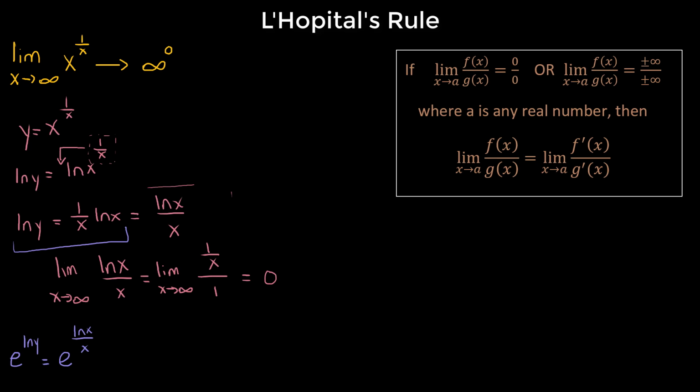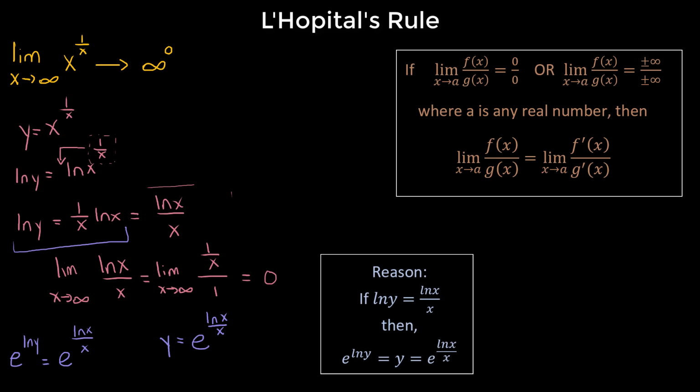On the left side, e to the power of the log base e of y, that's a property of logarithms. So that means that y equals e raised to the power of the natural log of x over x. So this limit over here is going to become very useful in just 1 second.